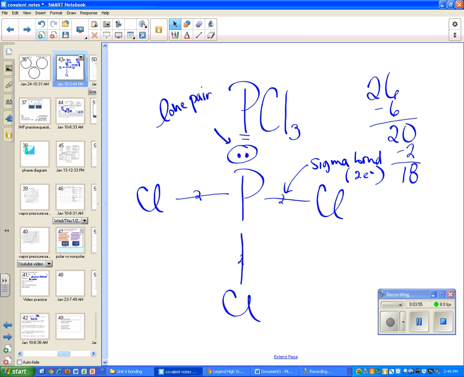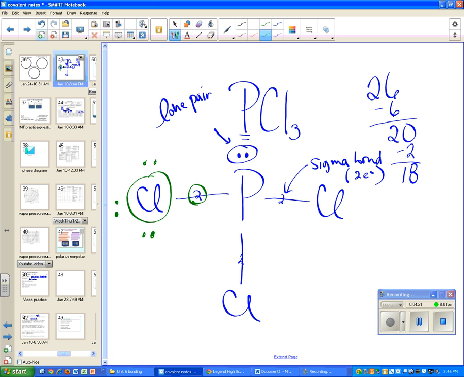Now I'm going to take a look at the chlorines. Chlorine currently has 2 electrons from this bond. I want 8, so I need 6 more. If I add 6 more electrons, we can represent that with dots, which are lone pairs, and I'm going to do that all around.